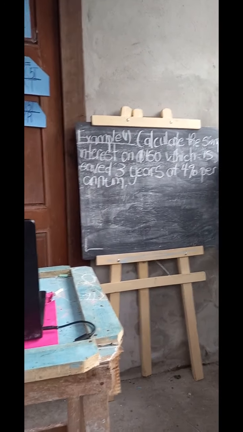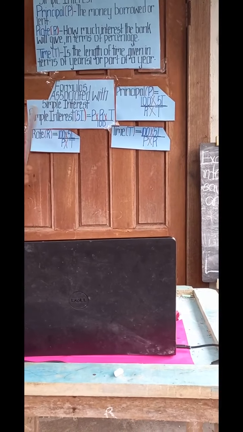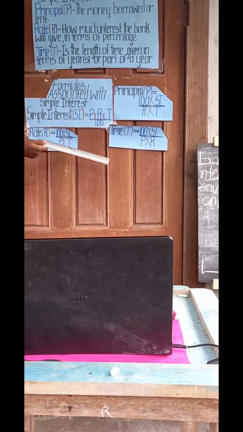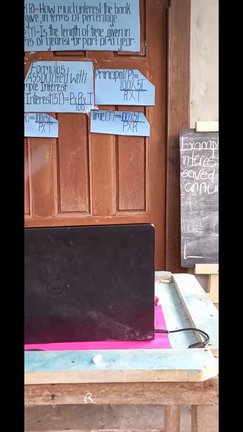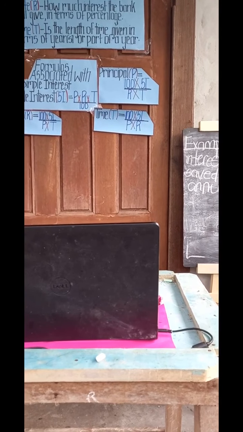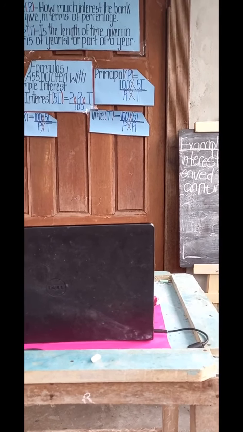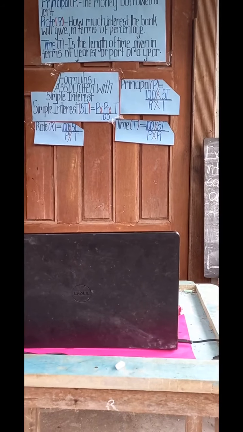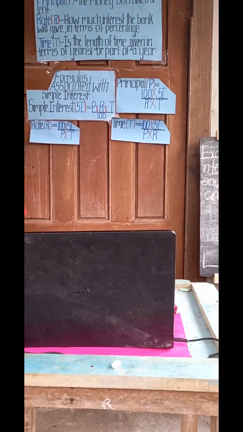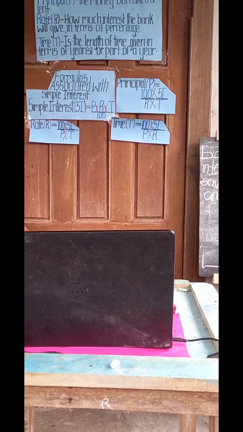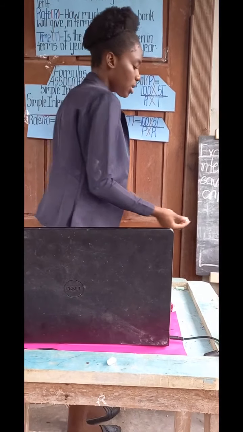Right? So looking at our formula, which one of the formulas would we use to calculate simple interest? Yes, Tyrese. Principal times rate times time divided by 100. Good.